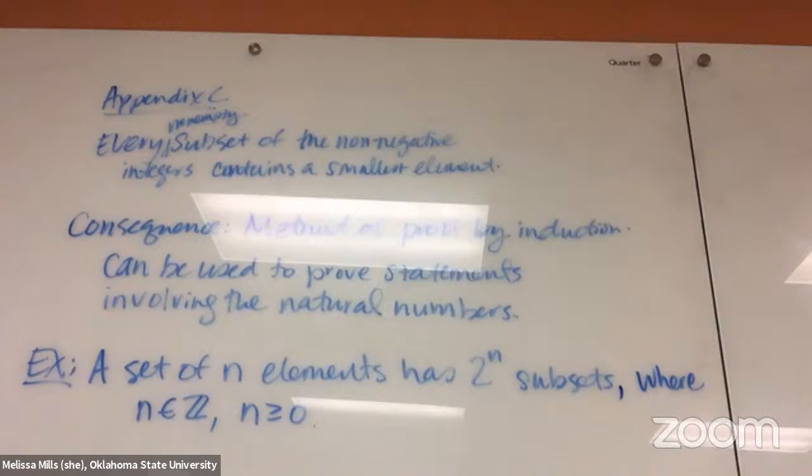For the first element, you can take it or leave it, and the second element, you can take it or leave it, the third element too. So you have two choices for each, so 2 times 2 times 2. Does that make sense to you all? Okay.